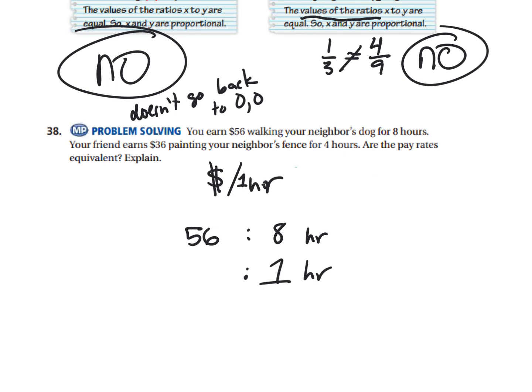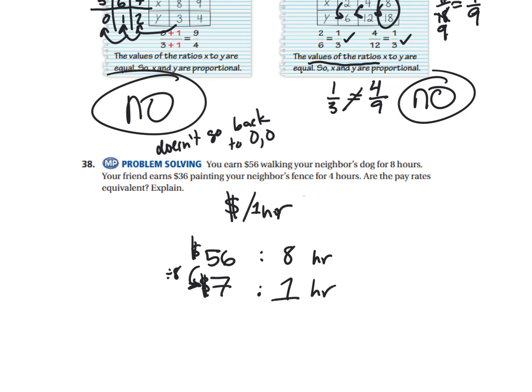8 divided by 8 is 1, so we need to divide this side by 8. 56 divided by 8 is $7. So that is you. Your friend is at $36 in 4 hours. And again, we're looking for how many in 1 hour to check the pay rates.